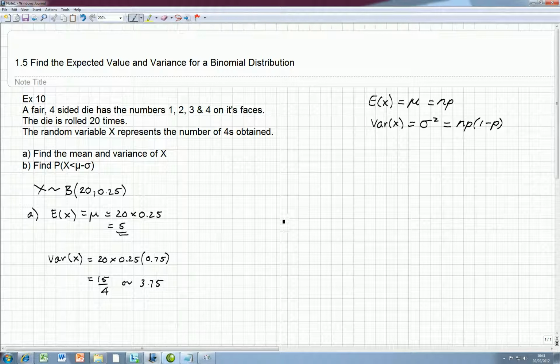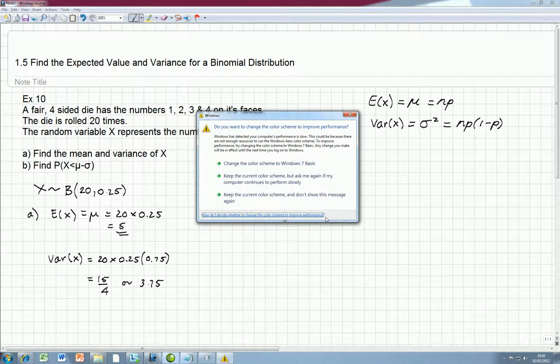Okay, so then for part B, we've got to find the probability that x is less than mu minus sigma. The first step, I guess, is to get that sigma value, the standard deviation, and we'll work that out from variance. So we know already that variance is 3.75.